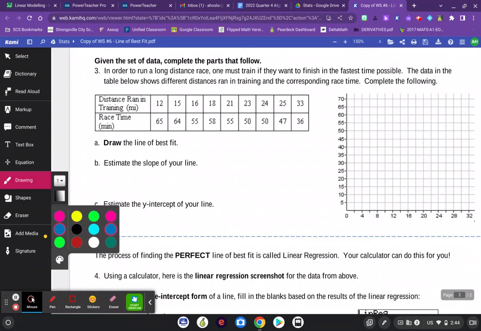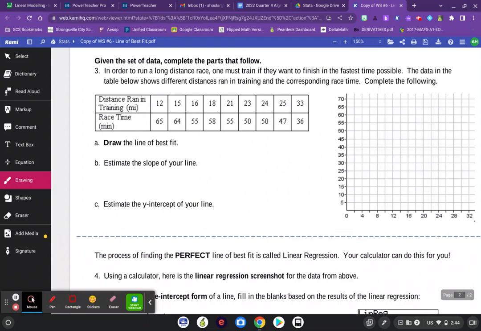So when you do return to class and you have your packet given to you, these points here are distance ran in training on the x-axis versus race time in minutes on the y-axis, and these points are already plotted for you.